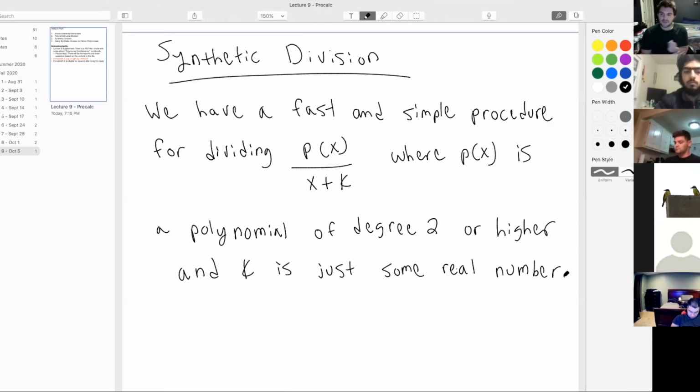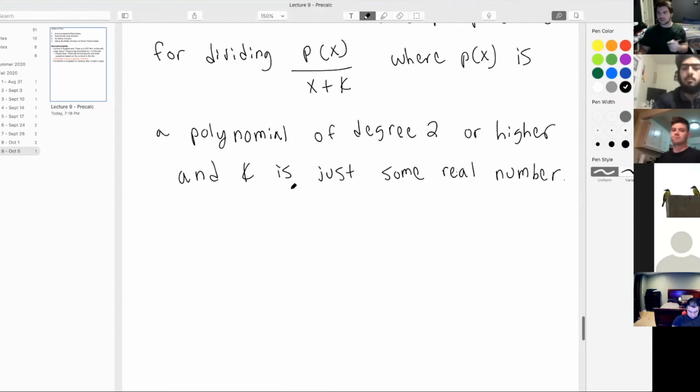So if we are given a division problem of the form P of x over x plus k, we do not need to do polynomial long division, which is what we just did earlier. We have a very fast and somewhat fun procedure that's much quicker. Let's go straight to an example. I'm going to instruct the technique with a concrete example.